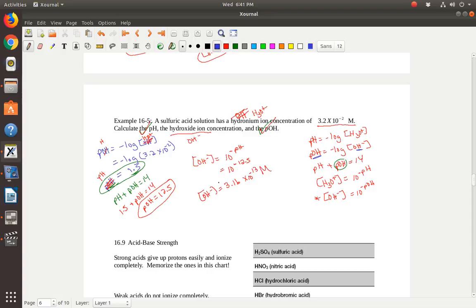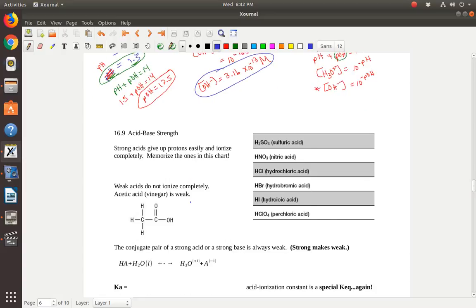So that was the last thing it asked for. Again, it used these formulas. The only thing I did wrong is I got that mixed up. You've got to make sure that is what you're looking at when they ask hydronium ion. Okay? So hopefully you follow me on that. We will pick up with the acid-base strength in the next session.